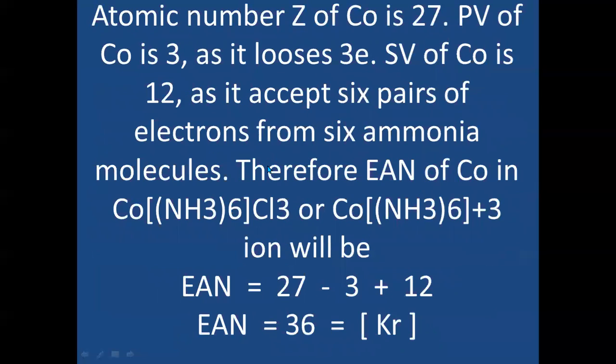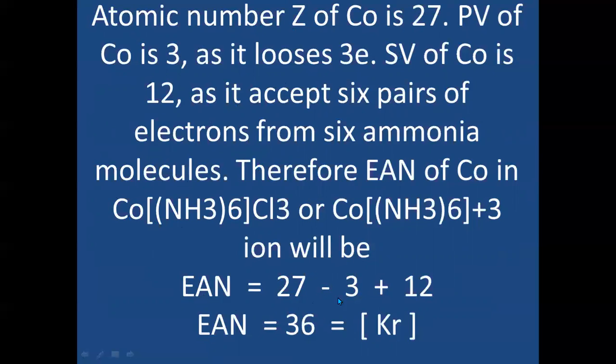Here in this example which we have taken, [Co(NH3)6]Cl3, again, this bracket should be here. That means the bracket should start from Co. So in total, up to this is called the coordination sphere. Now, let us calculate the EAN of cobalt. To calculate that, we need Z of cobalt. Z of cobalt is 27. Because it is losing 3 electrons in the first stage, its primary valency will be 3.